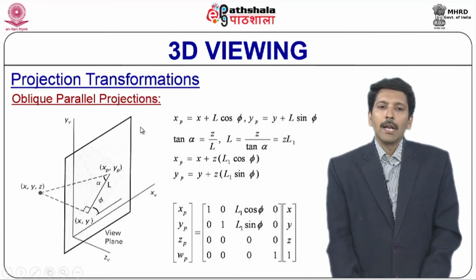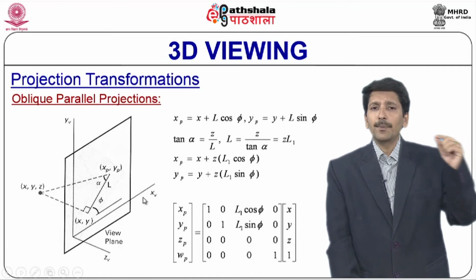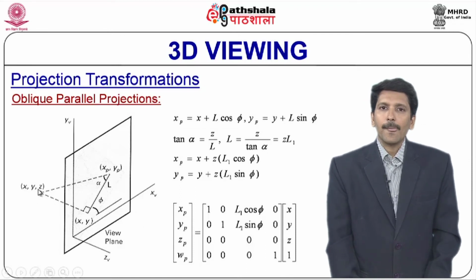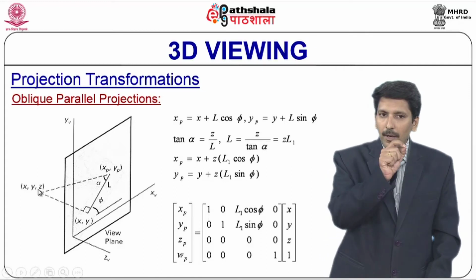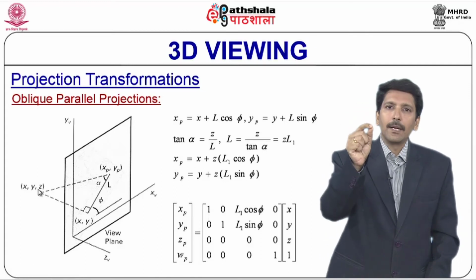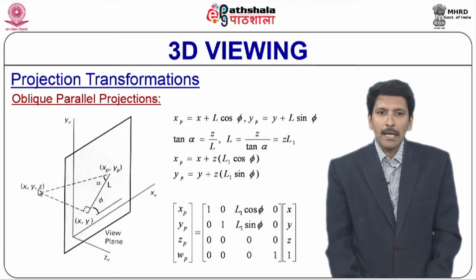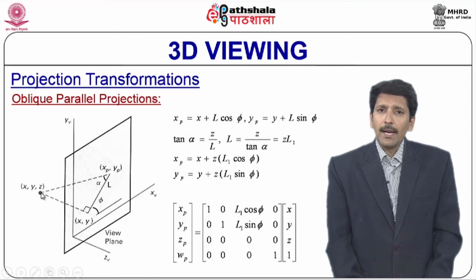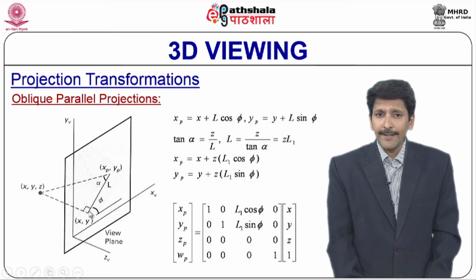Now what is our assumption? The lines of projection should be oblique. For that, let us consider a point in space which is x, y, z, a 3D point. This point is to be projected onto the view plane obliquely. This dotted line is obliquely projected, but before we do that, let us project this point first orthogonally, so that it hits the view plane here.